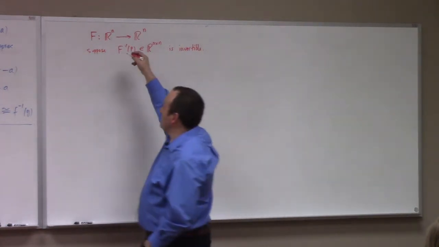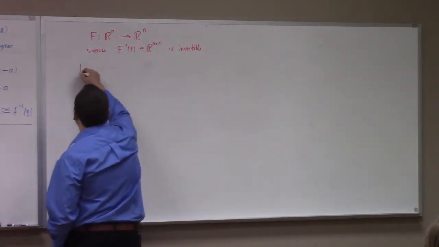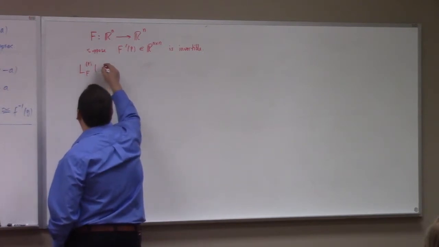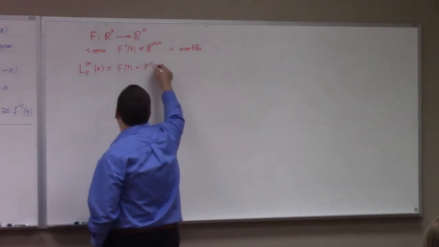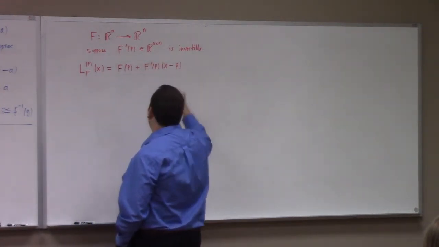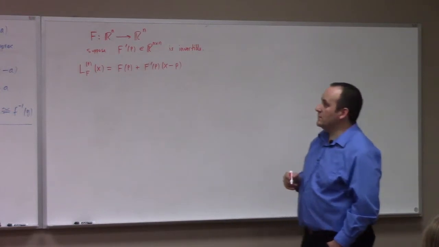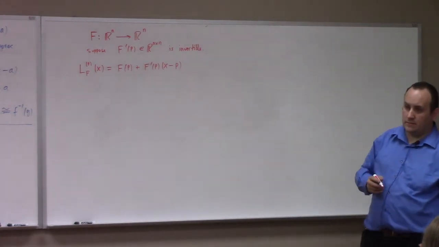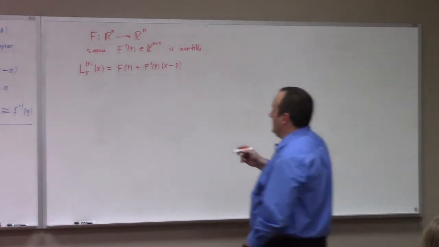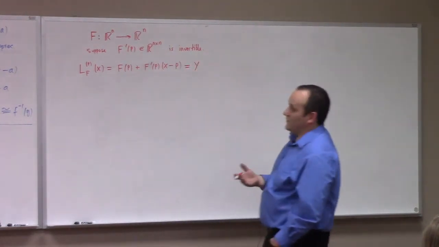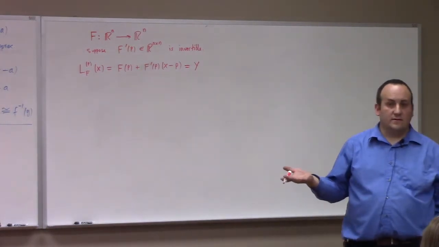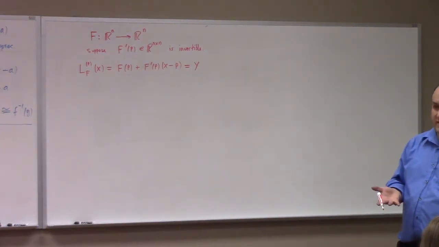Then the linearization of f at p is f of p plus f prime of p times x minus p, and I'm saying that's equal to y. x and y are vectors, p is a vector. To find the inverse function, simply solve for x.